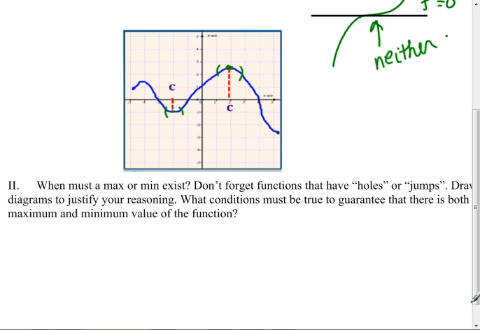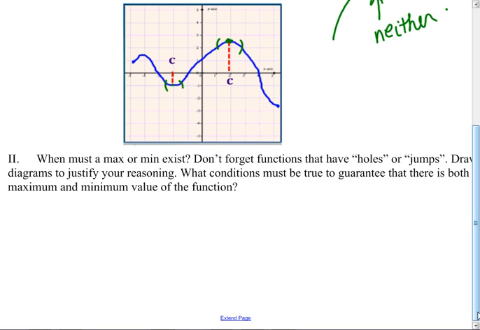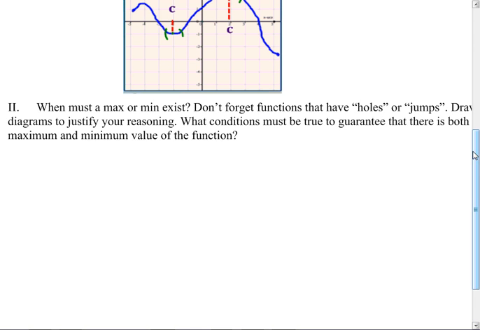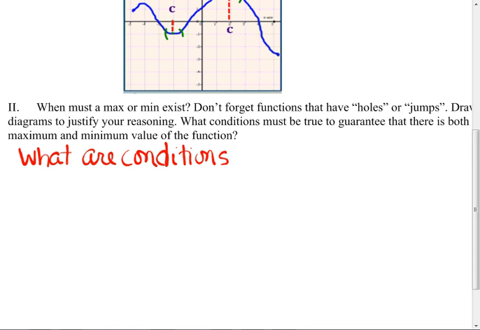So my question in part 2 is, when must a max or min exist? What I want here is a guarantee. What are the conditions? Because I always like guarantees, right? I love guarantees.